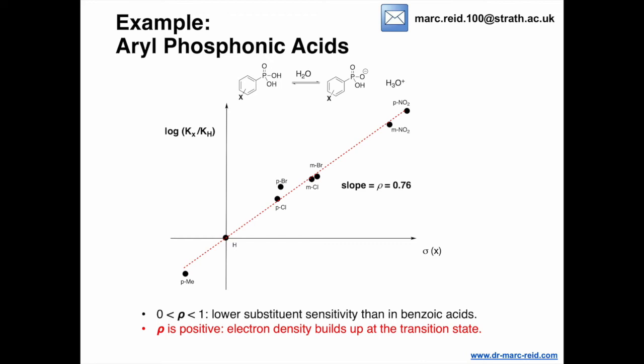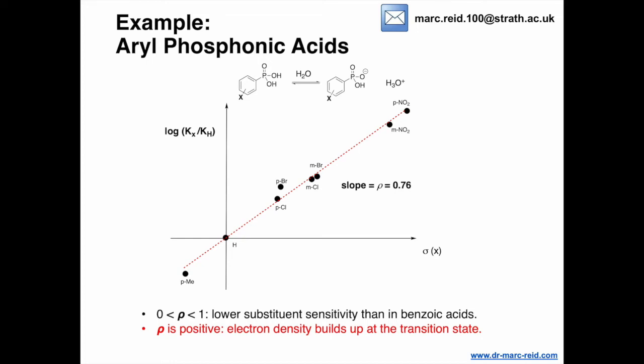We can derive two pieces of information here. Firstly, the value between 0 and 1 for ρ tells us that the reaction is less sensitive to substituent constants than benzoic acid deprotonation. Secondly, the positive value of ρ infers that the reaction is favoured by electron withdrawing substituents, and that negative charge builds up at the rate limiting transition state. For a deprotonation, we're expecting the build-up of charge at the reacting centre.